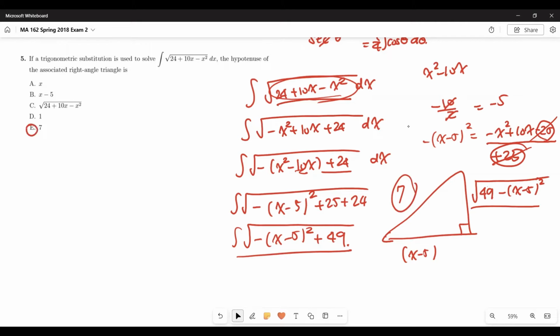If you remember your Pythagorean theorem, you can do this. Or if you remember your a squared minus x squared form, where a squared is our 49 and a is 7, you can use that too. Either way, whatever you prefer, go for it. But the answer for this question is E.